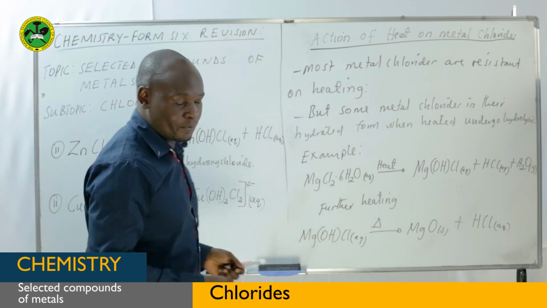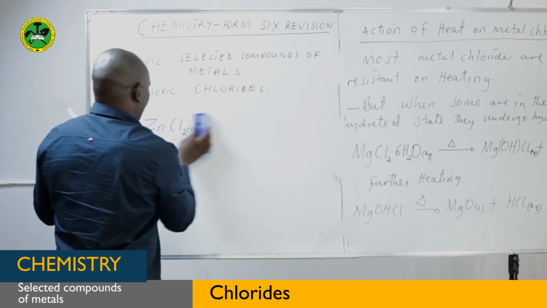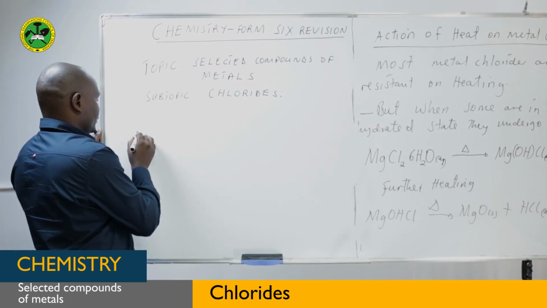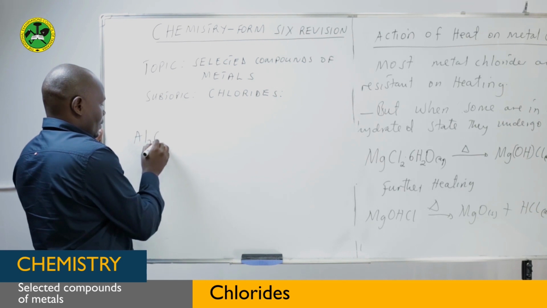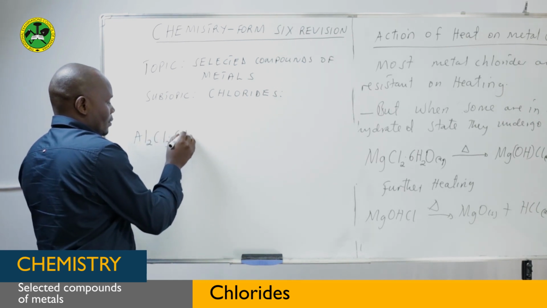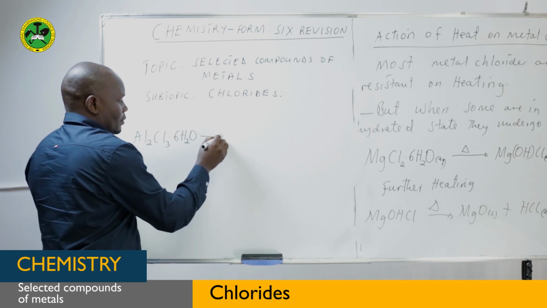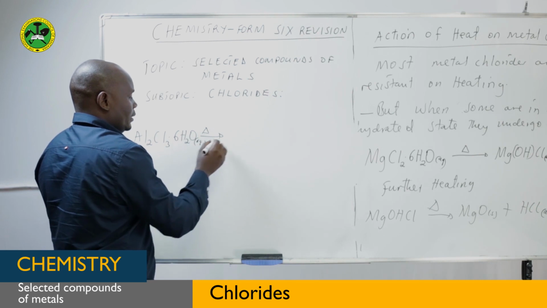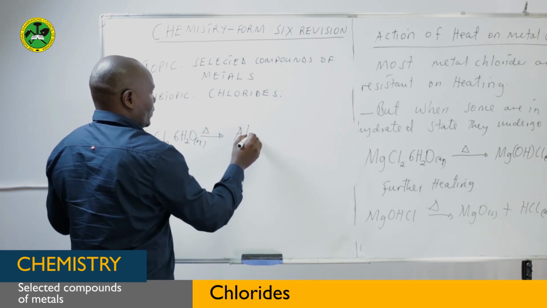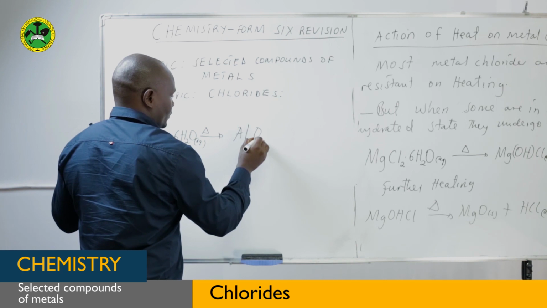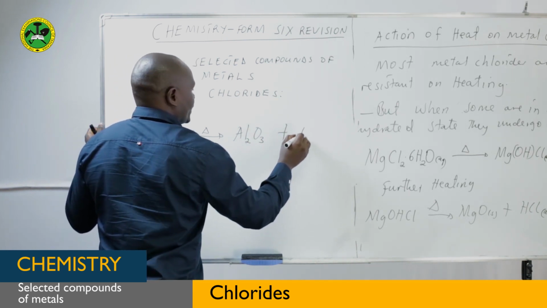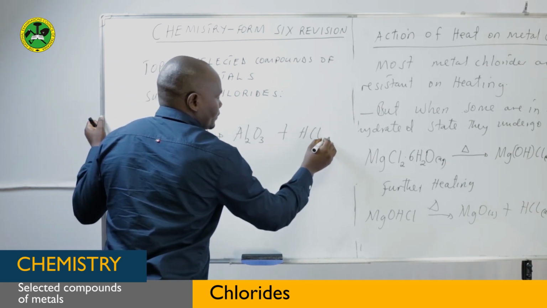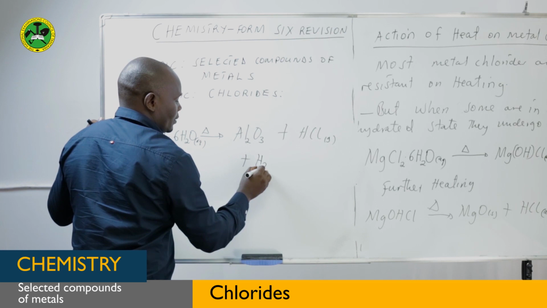But you have another example, chloride of aluminium. The hydrated chloride of aluminium, when heated, releases the aluminium oxide, then plus the other products, the hydrogen chloride gas and the water molecules.